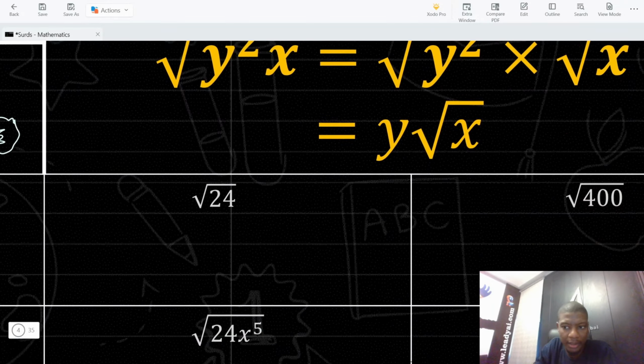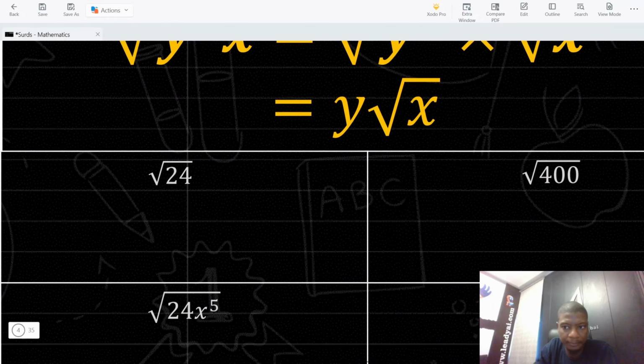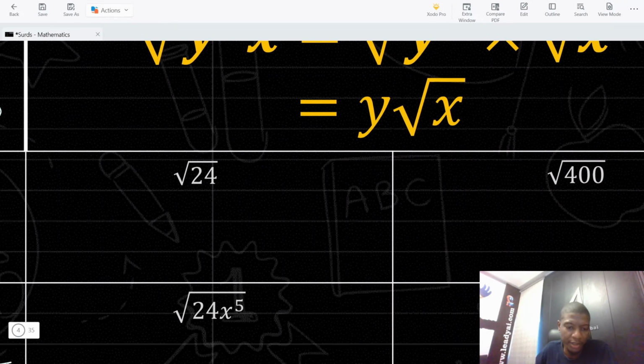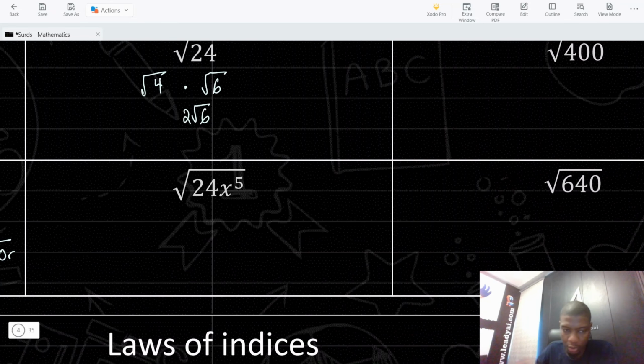Okay, what do we have here? We have a lot of examples. For 24, we can go 4 and 6. So the square root of 4 times the square root of 6 will be 2 root 6. For 24x to the power of 5, you can go the square root of 4 times the square root of 6 times the square root of x raised to the power of 4 times the square root of x.